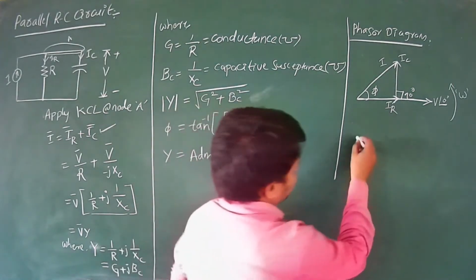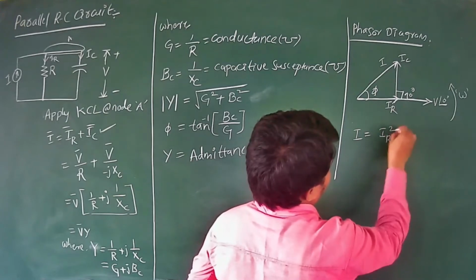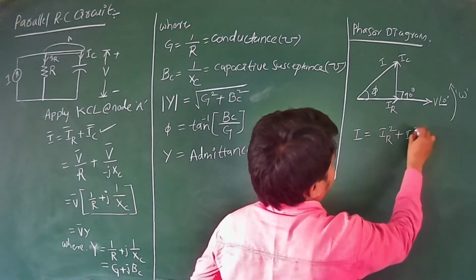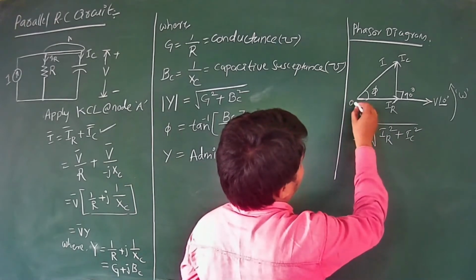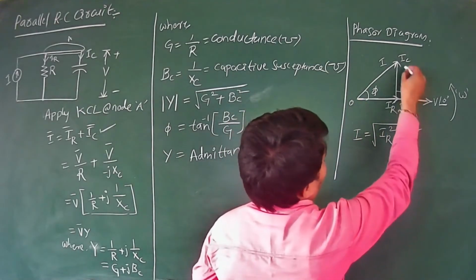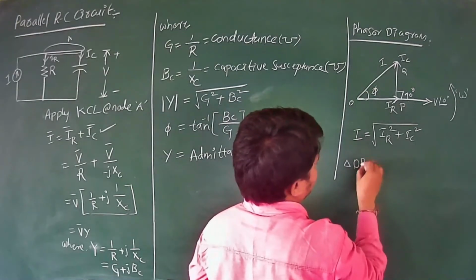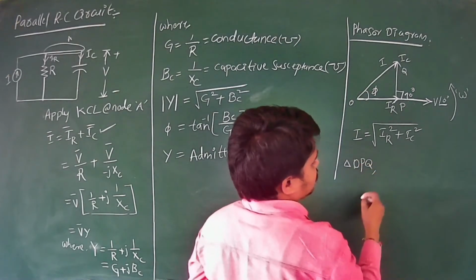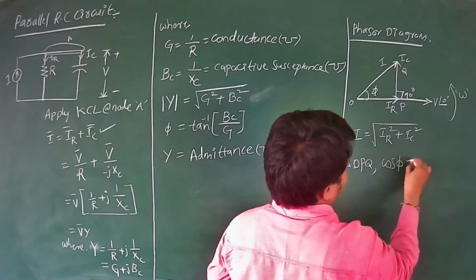Therefore, I can be written as the square root of IR square plus IC square. Let us say this is the triangle OPQ. From triangle OPQ, what is cos phi?